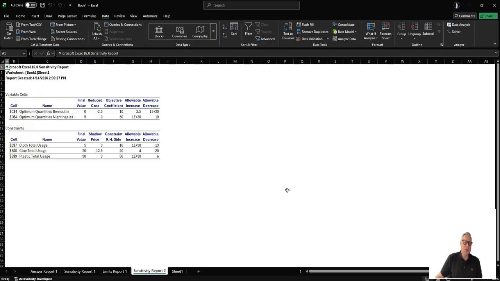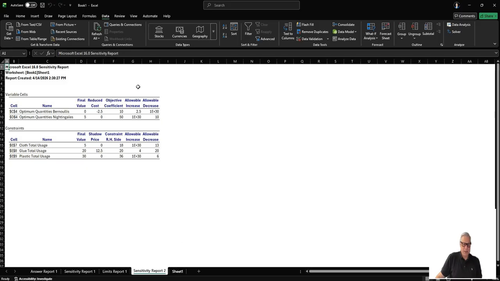So in other words, the reduced cost tells you, if you don't produce anything of a decision variable, in this case Bernoullis, by how much would the unit profit have to increase, or equivalently the unit cost decrease, so that you have to introduce that product into the market and start producing it instead of producing zero.